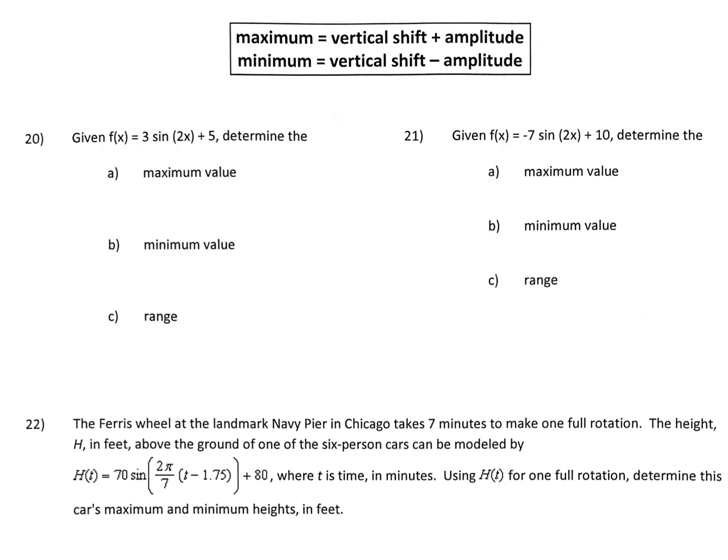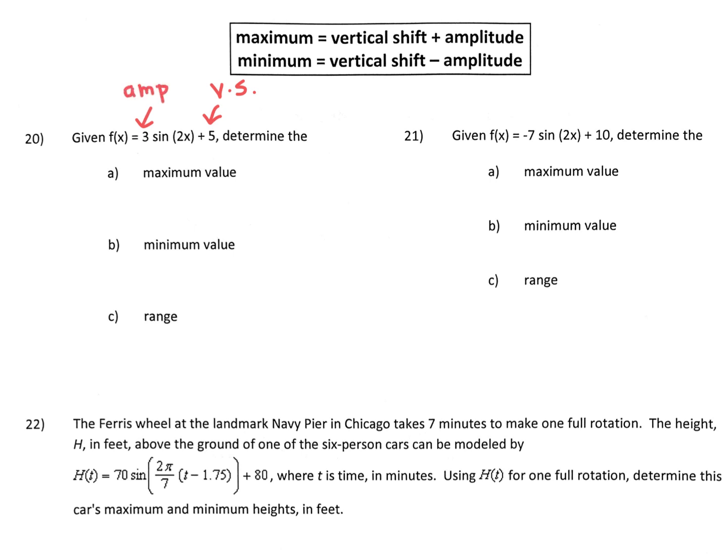Okay, so let's just apply them to these examples where they give us the equations. All right, so if we want to find the maximum value, we know maximum is equal to the vertical shift plus the amplitude. Now again, the vertical shift is this number that's being added or subtracted to the end of your function, and the amplitude is the number in front of the sine or cosine.